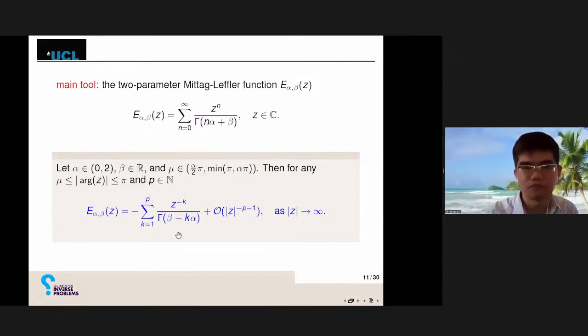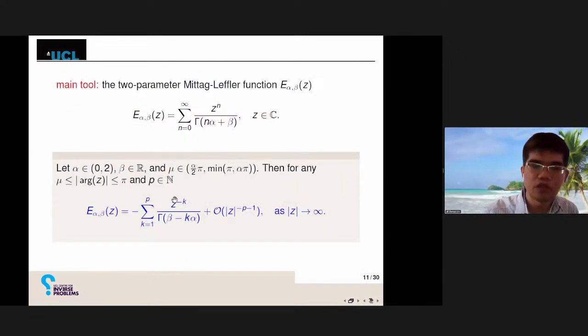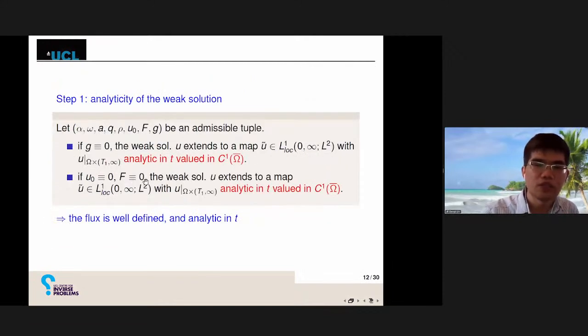Using this very simple property, one can show the following.